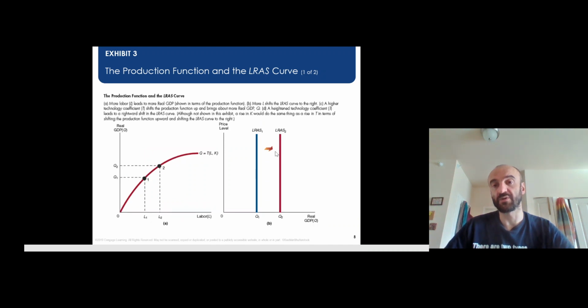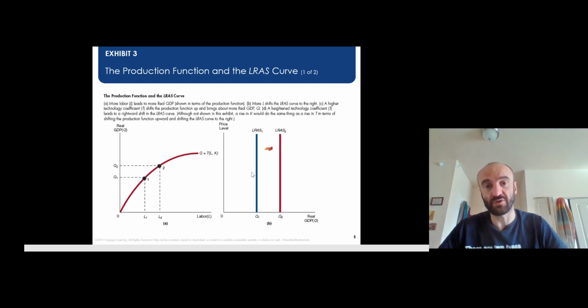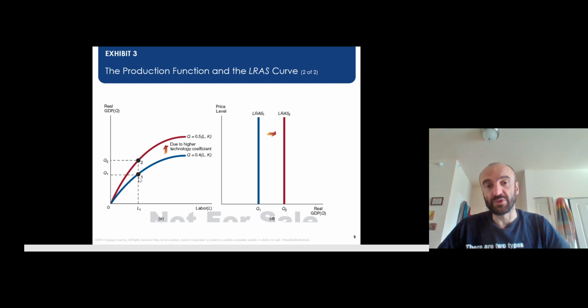In other words, the long run aggregate supply curve, the natural level of productivity of the economy, will be the same whether you came to this Q2 point by moving alongside a given production function, by increasing the amount of labor, by working more, or, for example, by increasing the technological sophistication of your economy and working the same number of labor hours.